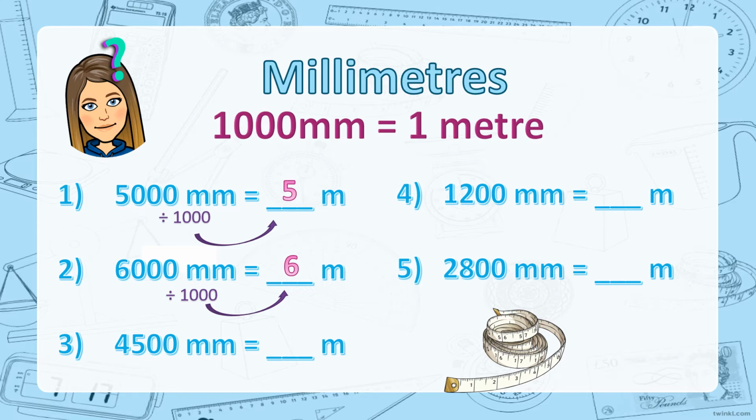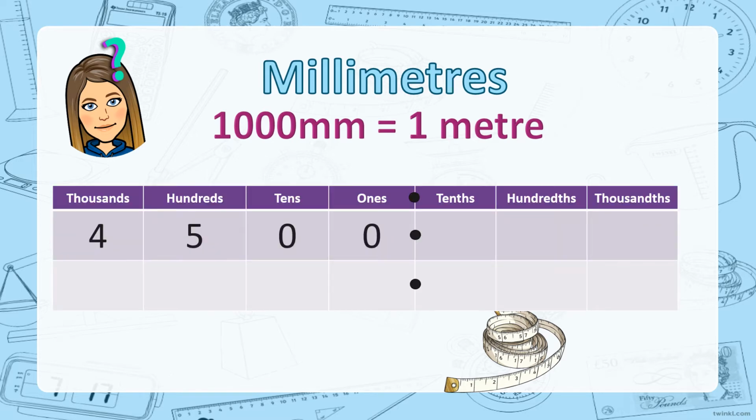We have 4,500 millimetres. Again, we need to use the rule of dividing it by 1,000. Let's go back to our place value chart. Here we have 4,500. Remember, we need to move the digits to the right 3 times. 1, 2, 3. Our 4 will end up here.